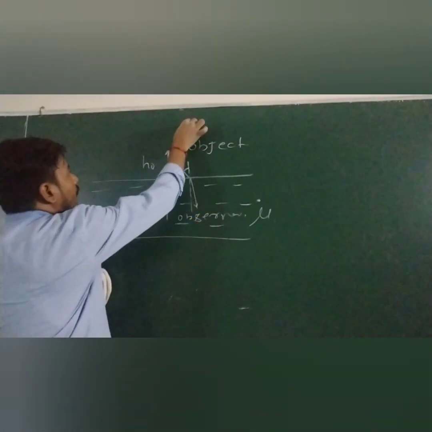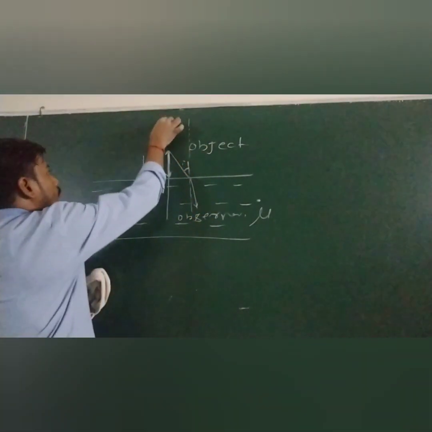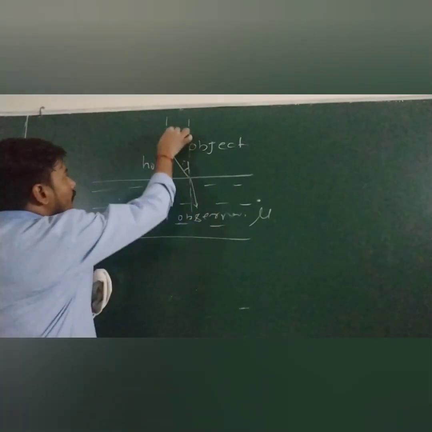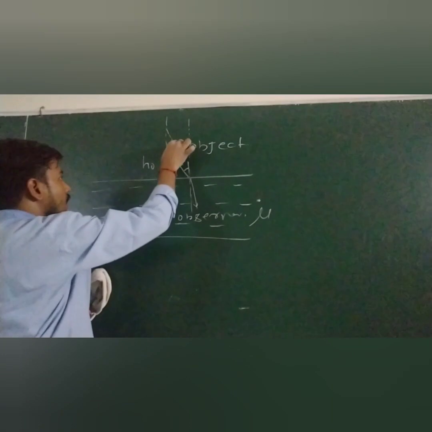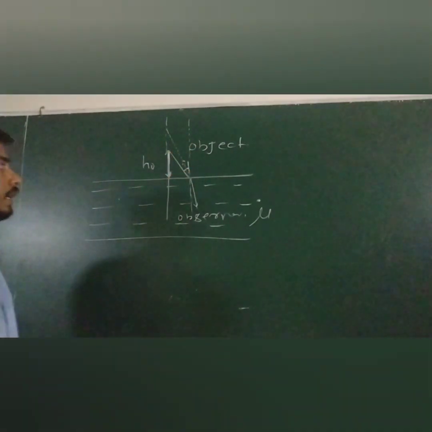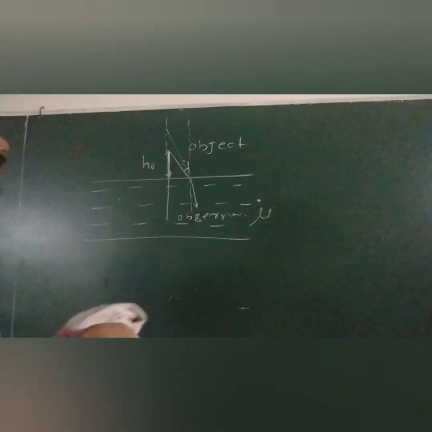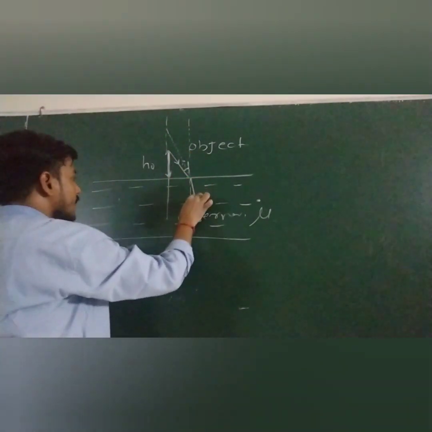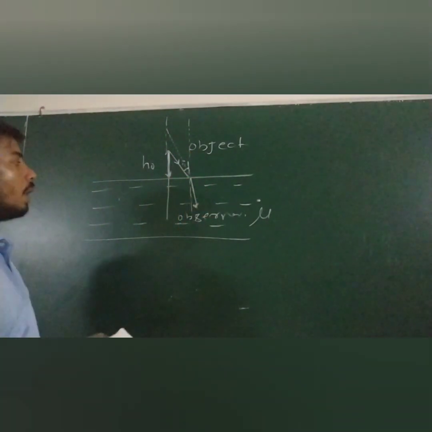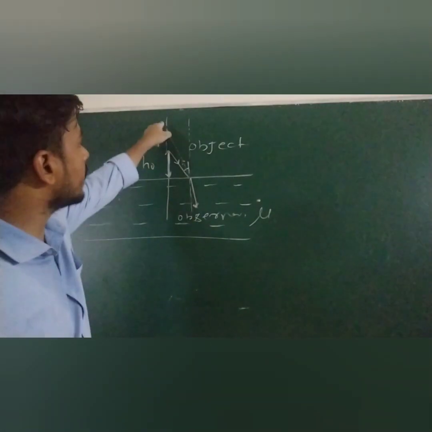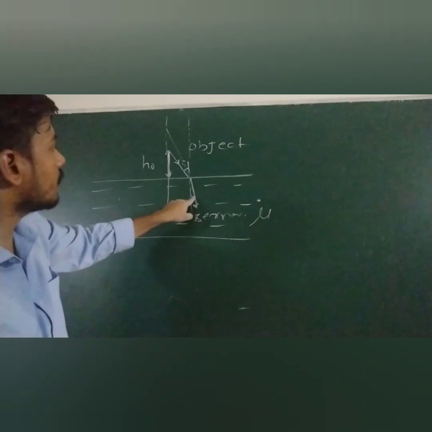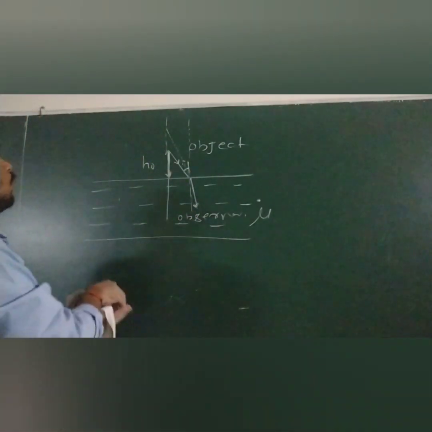So basically what happened? See, the observer will think this light is coming from somewhere here. This is the actual light, but due to bending, this light is coming like that. So the observer thinks that this light is coming from somewhere else, not from here, from this point.